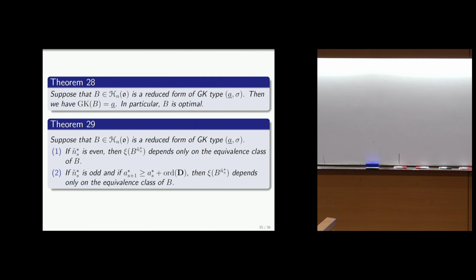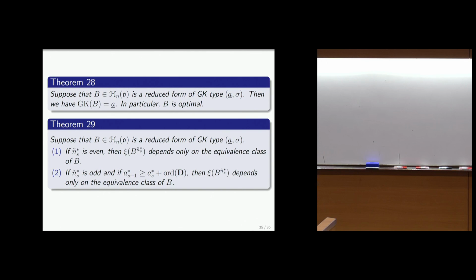Okay. Now suppose that B is a reduced form of GK type (A, σ). Then the Gross-Keating invariant of B is equal to A. In particular, B is optimal.